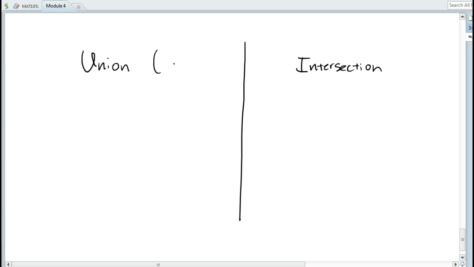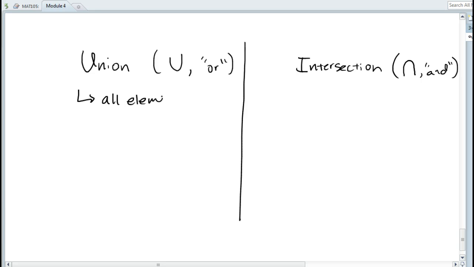The union is represented with the U, or in words, it's "or." Intersection is represented by this upside-down looking U, and in words, this is the mathematical word "and." The union is basically all elements in either set, and the intersection is only elements common to both sets.